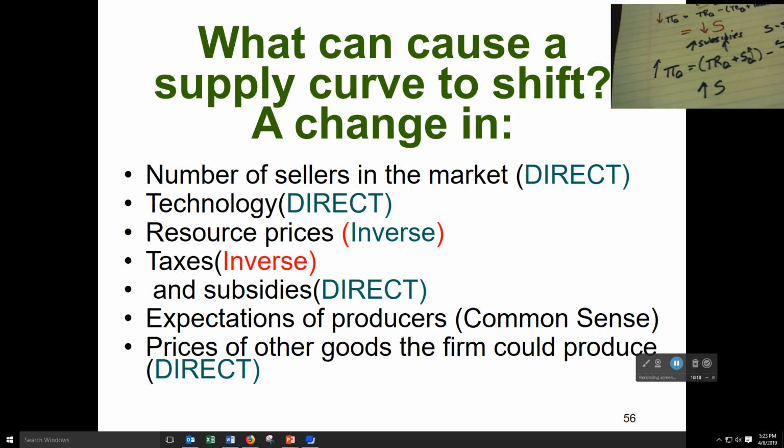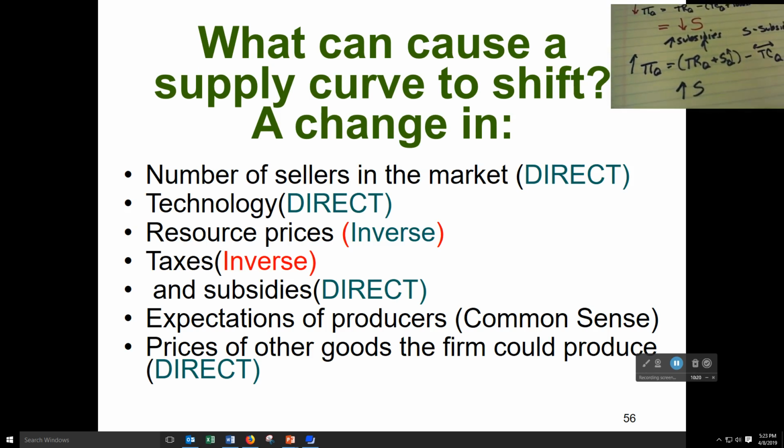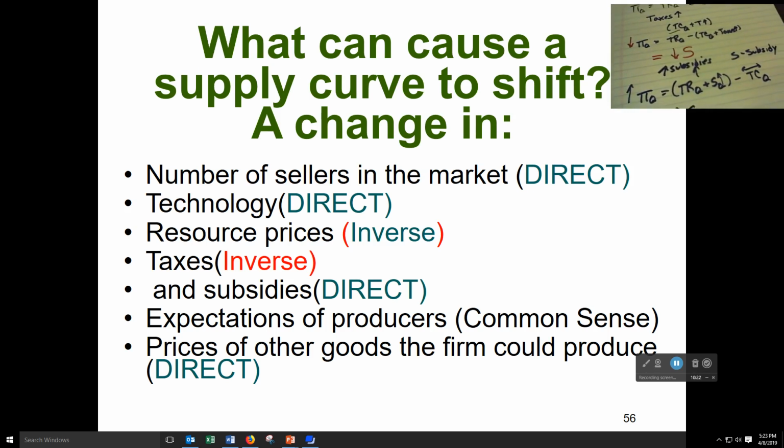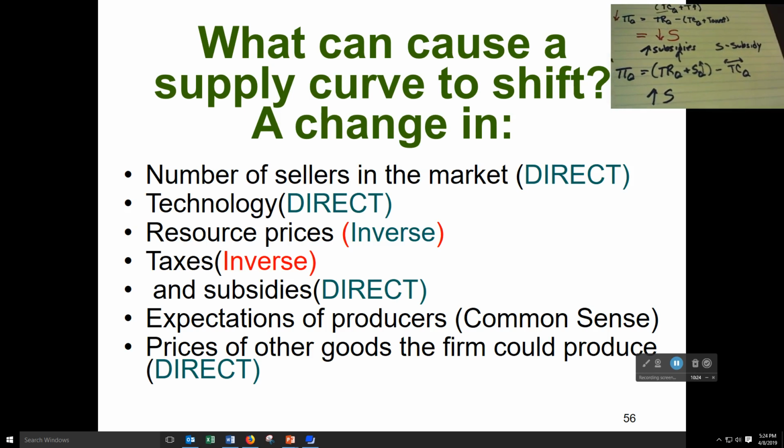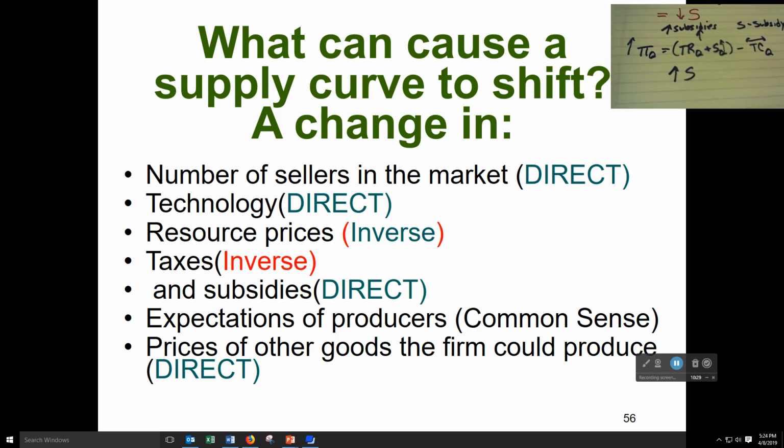Under the Obama administration, they passed a bill that if you produce an electric car, when you sell it, the government will pay you a subsidy. And this has allowed people like Elon Musk to sell electric cars at a much cheaper price than they would without the subsidy.